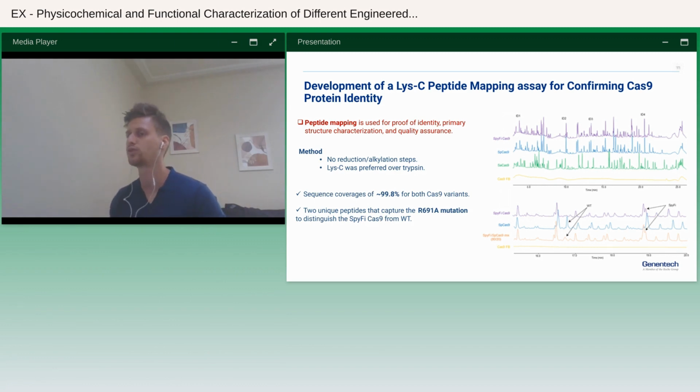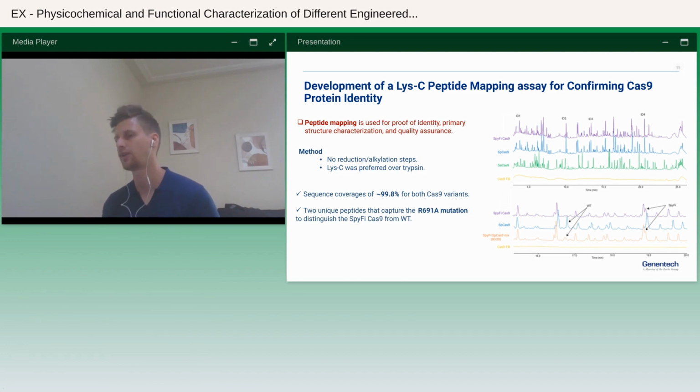So we decided to remove all the unnecessary steps, for example, reduction and alkylation, since Cas9 doesn't have any disulfide bridge. We also prefer to use Lys-C over trypsin in order to generate fewer fragments and to limit the risk of coelution of peaks on the chromatogram, especially if you want to use UV detection.